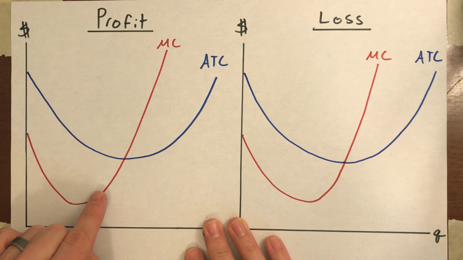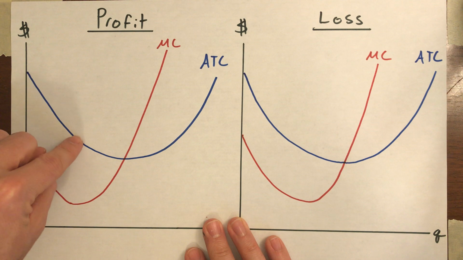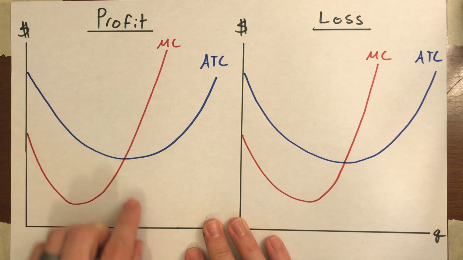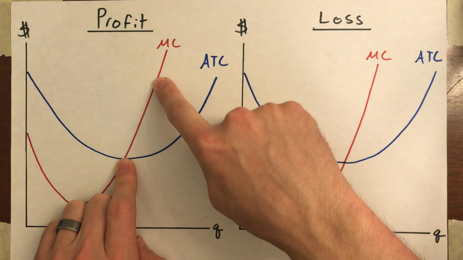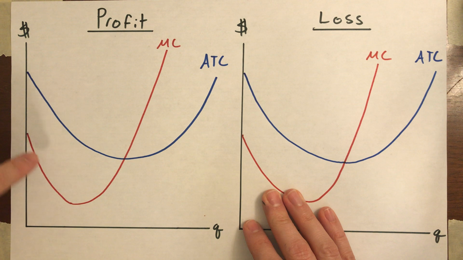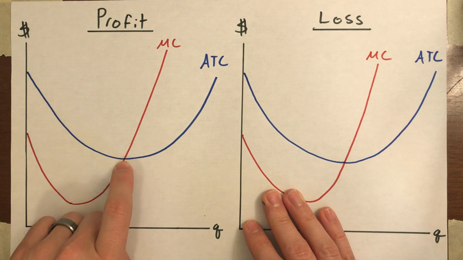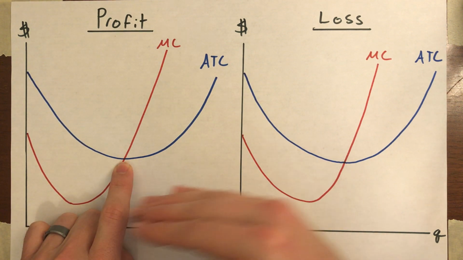And even as the marginal cost curve is increasing, as long as it's less than the average, it's still pulling the average down. When the marginal cost of the next unit is above the average, it starts pulling the average back up. So the only place where the marginal cost and average total cost can be equal to each other is where average total cost is at its minimum.